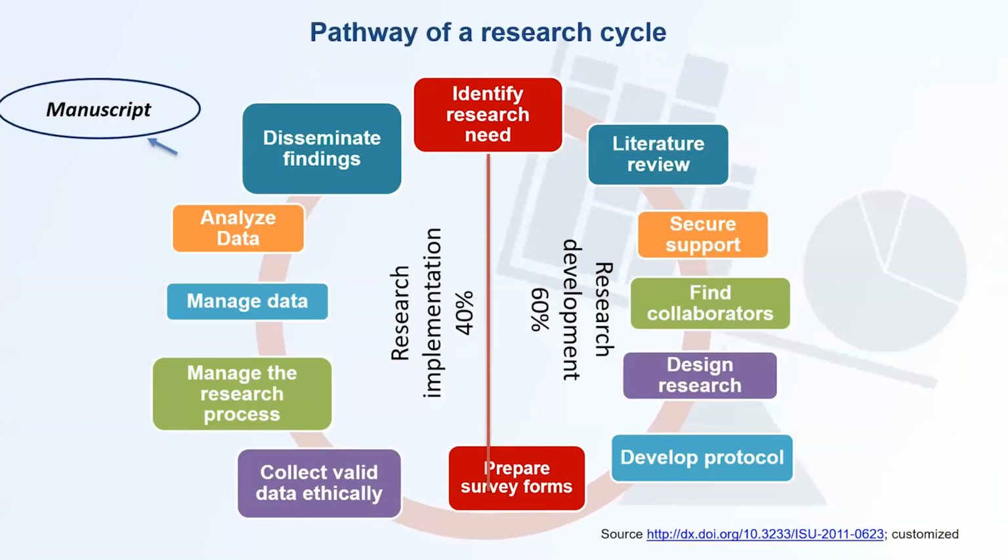So what is the role of the researchers? In the beginning, they identified the research need for something that never was available. So they made the right ethical decision to conduct the research, but they had to go through the entire research cycle that a standard research team would do, and they have done it. And they actually conducted data collection in a very ethical way, including only valid data, not extraordinary data.